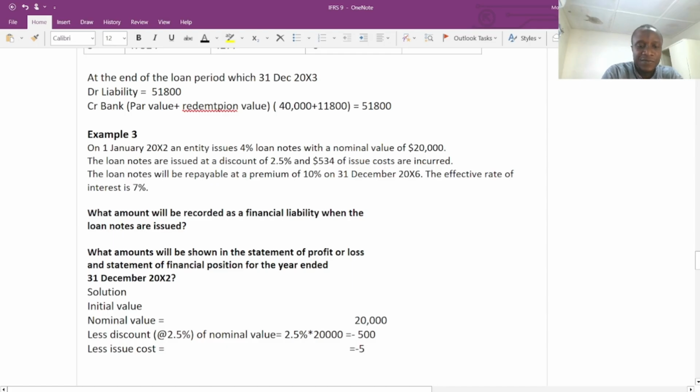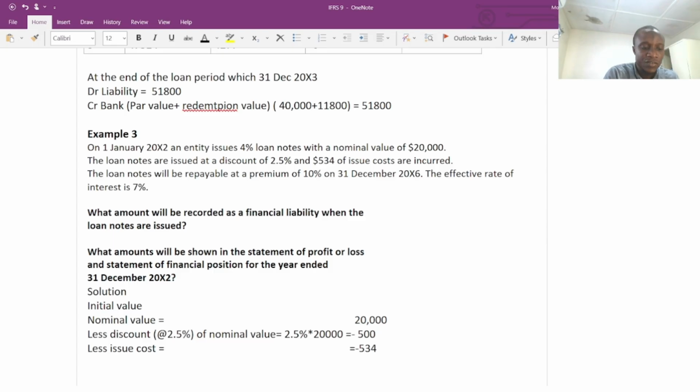So the difference will be 20,000 minus 500 minus 534, which is 18,966. That will be the initial value that we are going to use to recognize the liability.